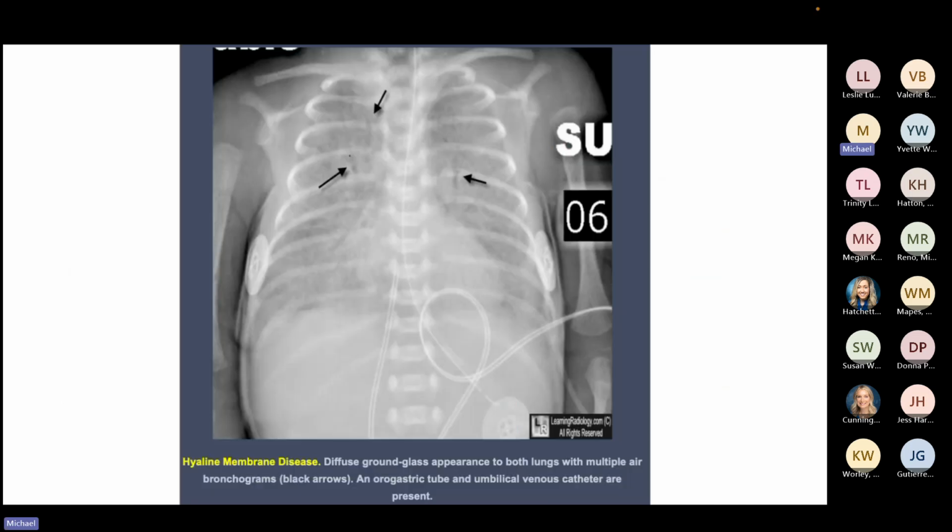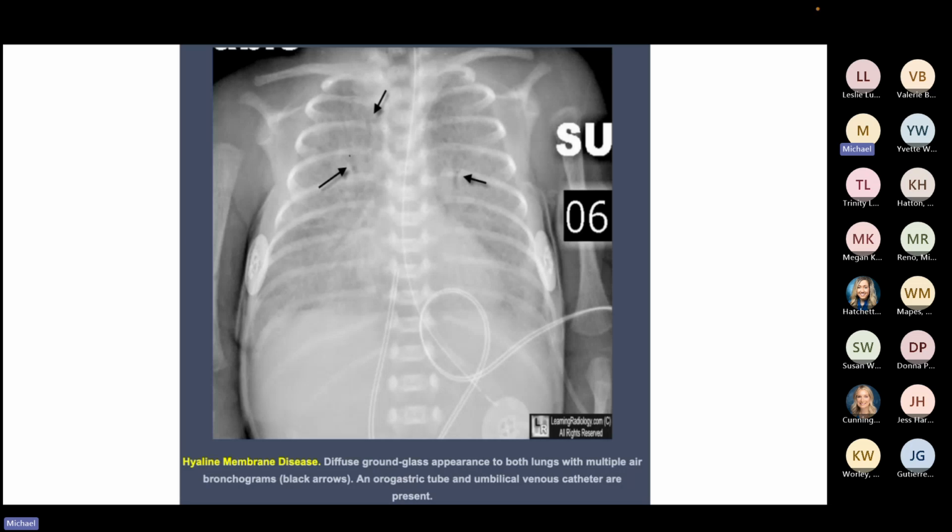This is a really nice diagram of a typical X-ray of a child with RDS. What you're going to see are the three hallmarks of RDS on X-ray. First, hypoaeration, so the lungs are not going to be as open, and you're oftentimes only going to see potentially 6, 7, 8 ribs of lung open.